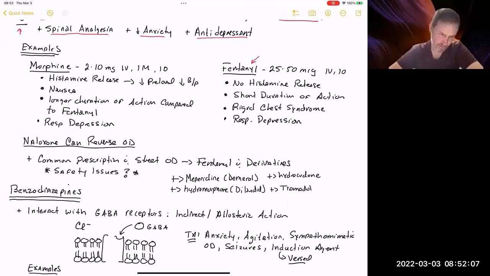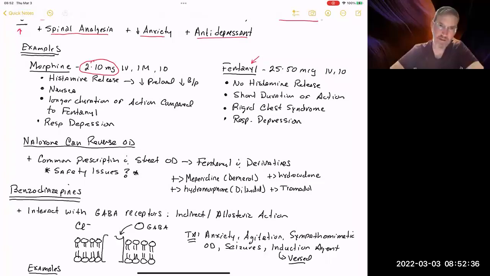So let's talk about morphine first. So morphine, typical dose, 2 milligrams up to 10 milligrams. Typically people will do like 2 milligrams and then 4 milligrams. So you can titrate your boluses of morphine. Most guidelines say a maximum of 10 milligrams, but that varies.